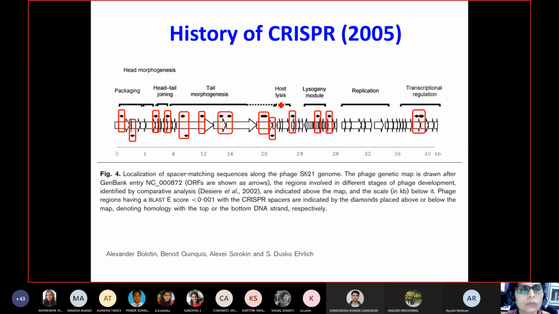So this paper suggested that some of the sequences match the phages, and they also proposed, not the mechanism, but the theory that this should provide some kind of immunity, or should not allow any infection, and that some kind of memory system should be there.